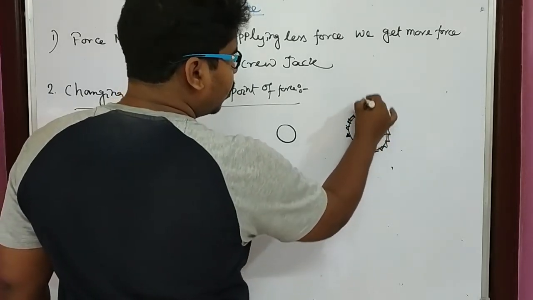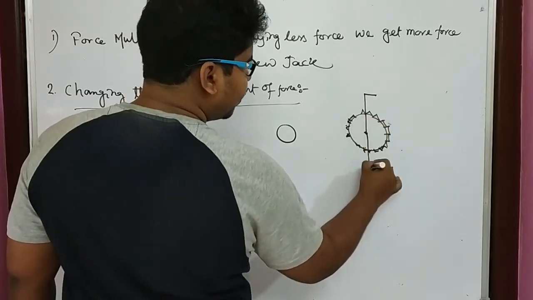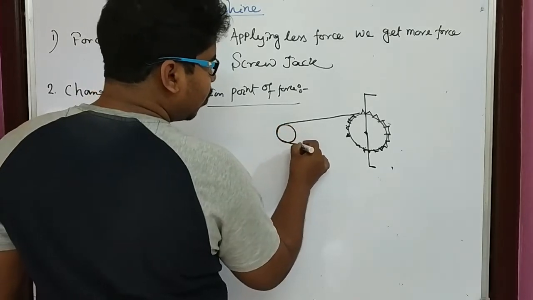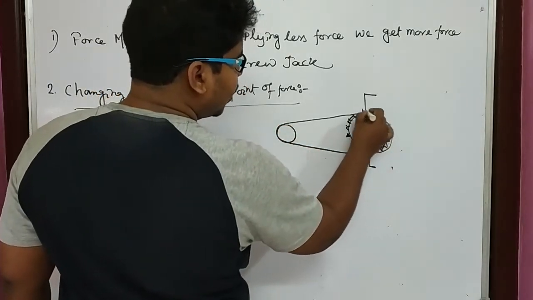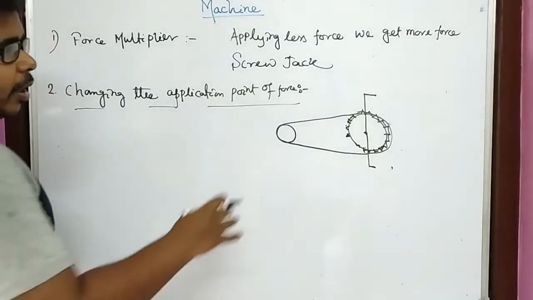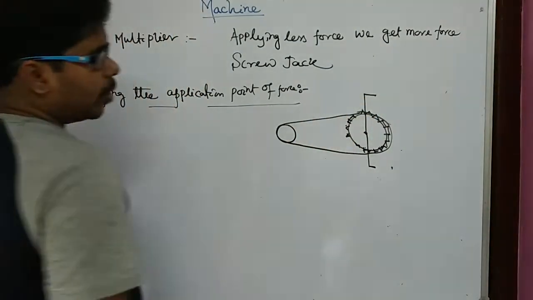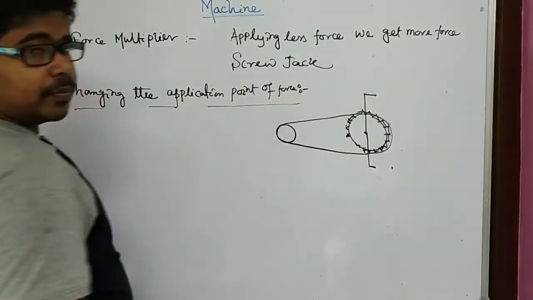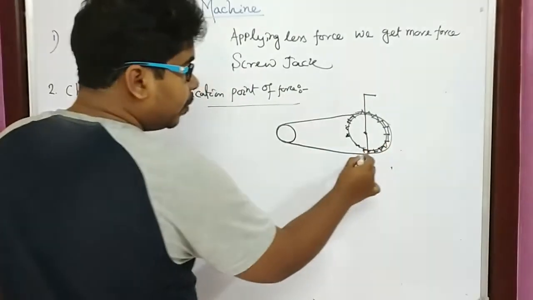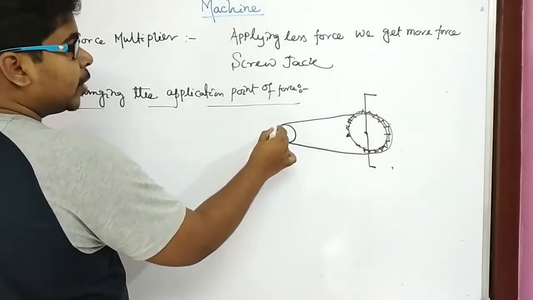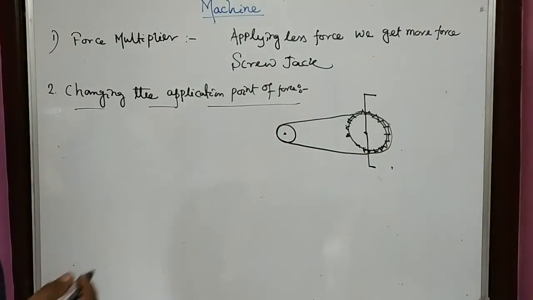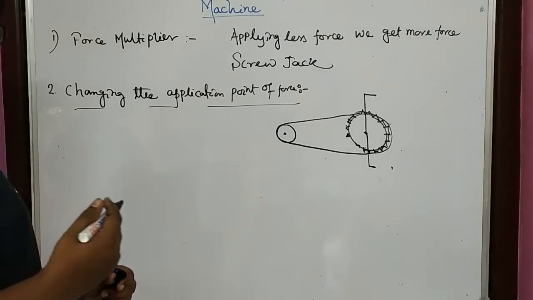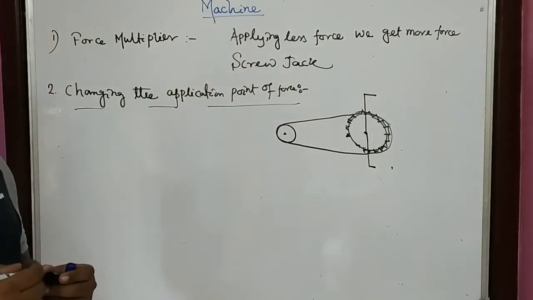Here the paddle is fixed, right? And along with that, one chain is connected to the smaller pinion. Whenever we apply force on the paddle, we are applying force on the larger pinion, and with the help of the chain this force is carried forward to the backward smaller pinion, and by that the cycle can move in the forward direction.